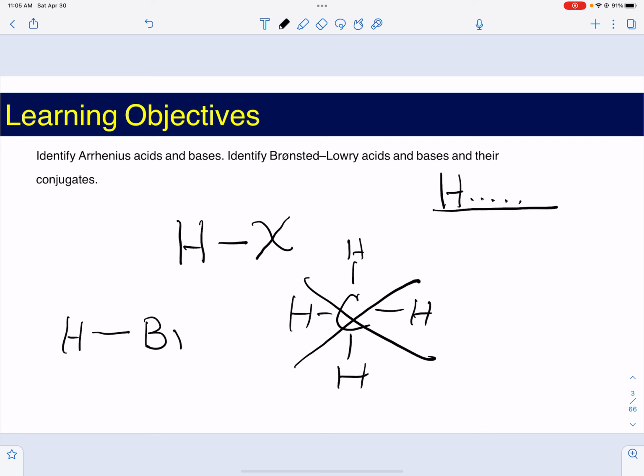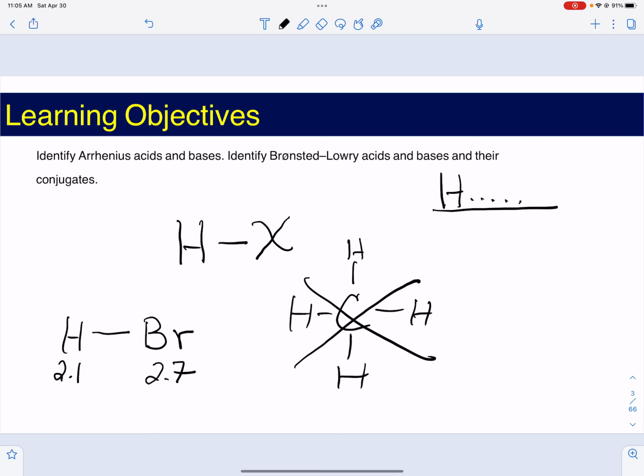The reason is, as you know, the electronegativity of hydrogen is 2.1 from your electronegativity table, and bromine is somewhere close to 2.7.